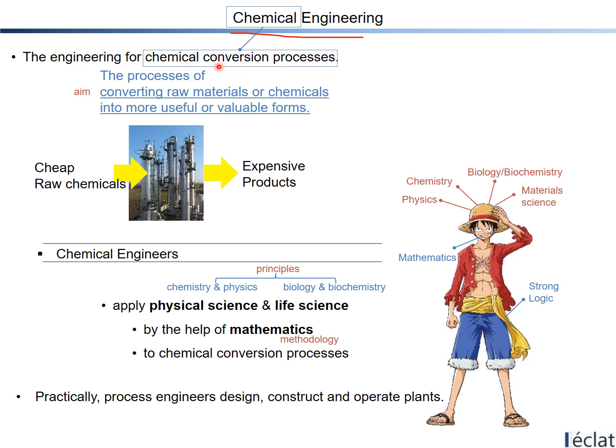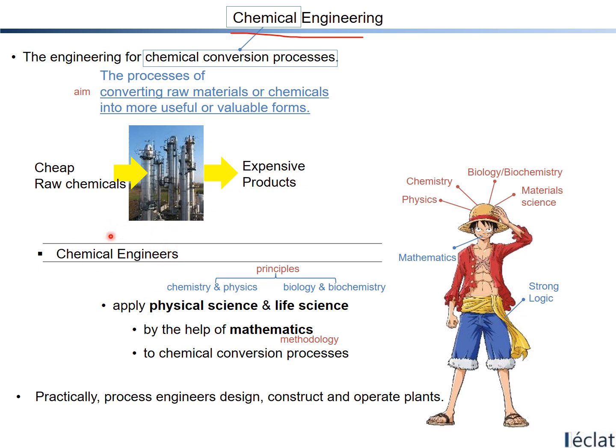And the chemical conversion processes are the processes of converting raw materials or chemicals into more useful or valuable forms. In other words, we will convert cheaper raw materials into more expensive products. Then we'll get the money. This is the industry to make some money.